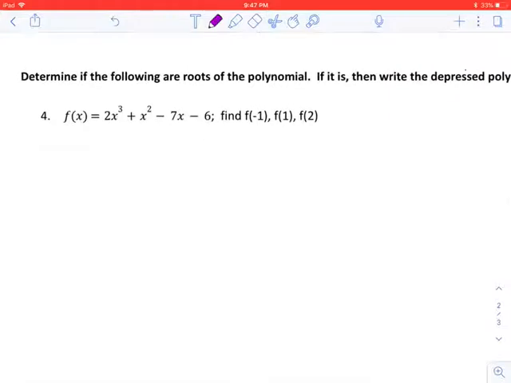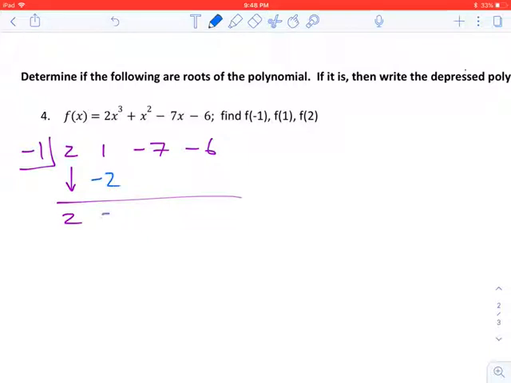In this case, synthetic division kind of lends itself nicely to that, because when you get down to your answer, what you have left is your depressed polynomial. So 1, negative 7, negative 6. So I'm going to do synthetic division through the whole thing here. So here we go. 2 times negative 1 is negative 2. That's negative 1.